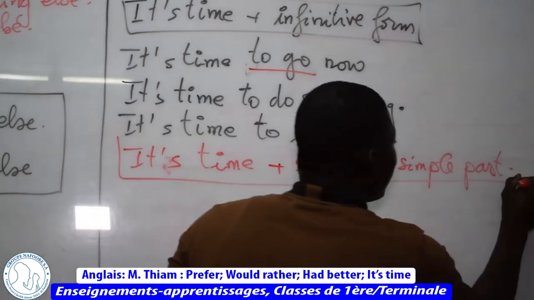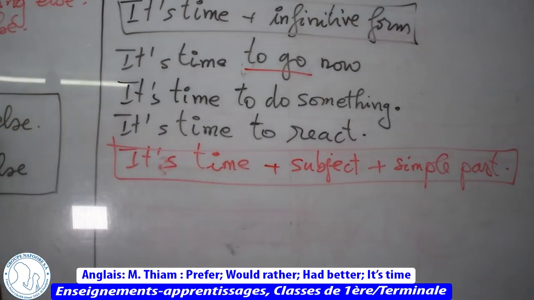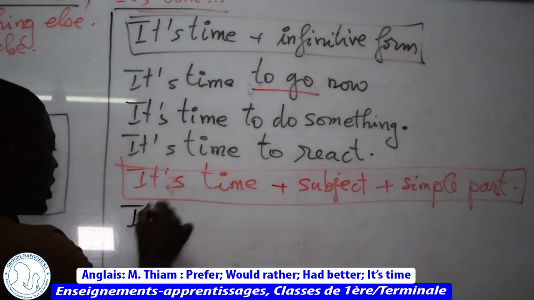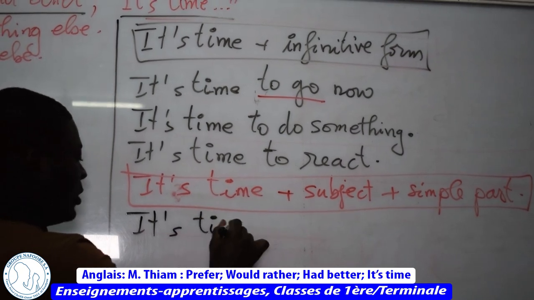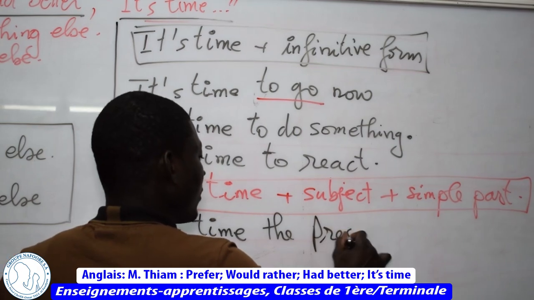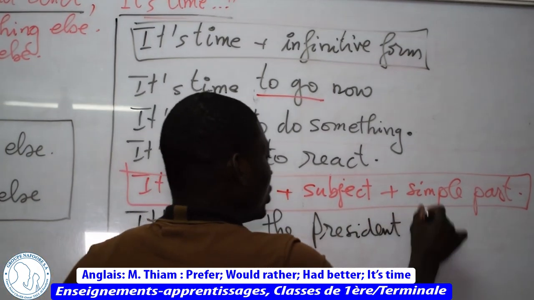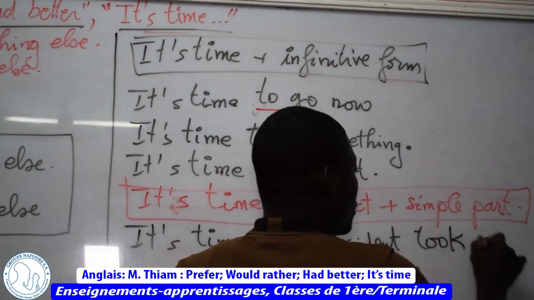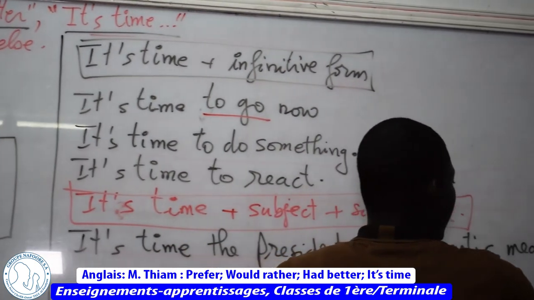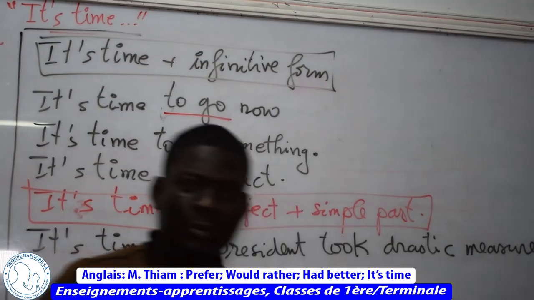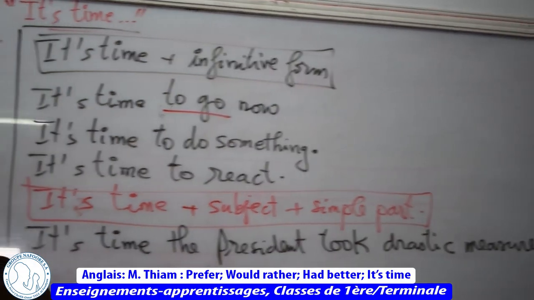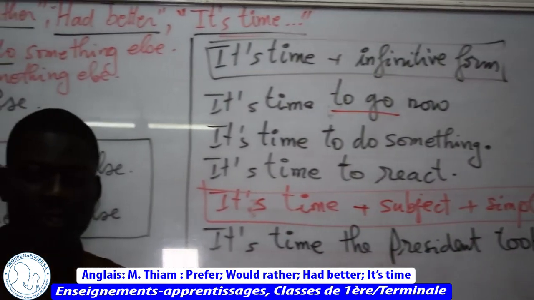So, if "it's time" is followed by a subject, we are going to use the simple past. For example, "It's time the president took drastic measures to eradicate, let's say, the coronavirus."